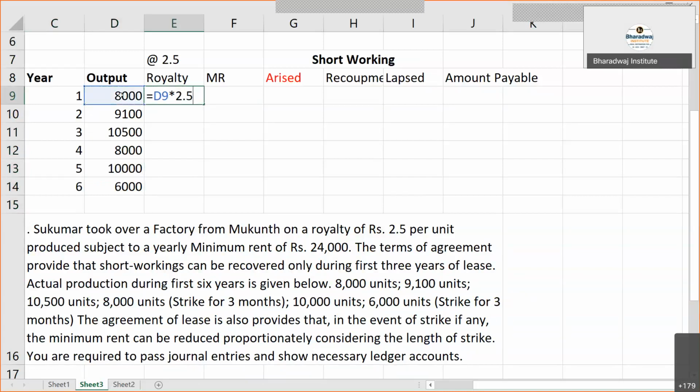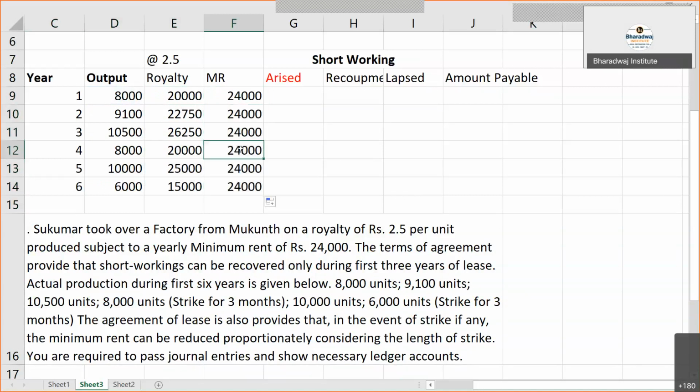You can do it along with me, need not wait. Minimum rent is 24,000. But during the period of strike, there was a strike in the 4th year. For this year, 24,000 into 9 by 12. For this year also there is a strike, so 24,000 into 9 by 12.